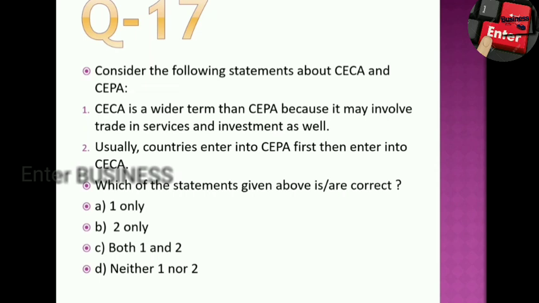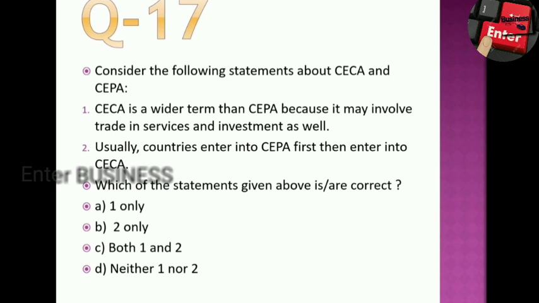And the second statement is usually countries enter into CEPA first, then enter into CECA. So the question is, which of the statements given above is or are correct? So we should find which one is correct in the following statements.